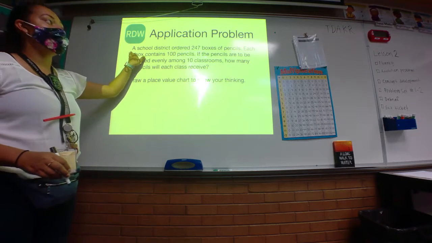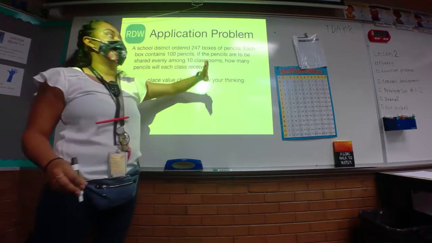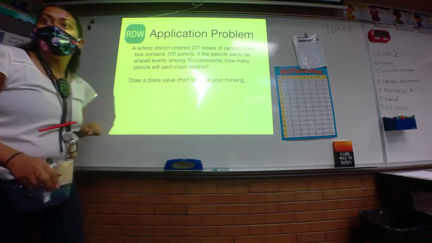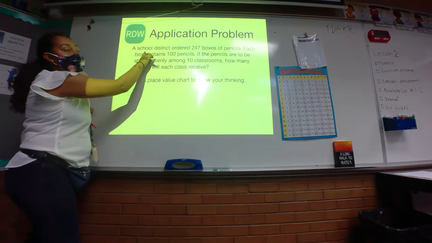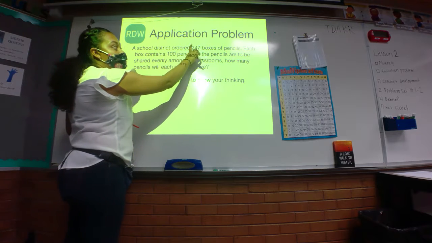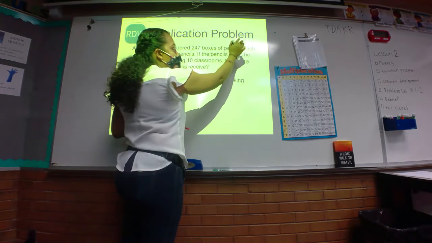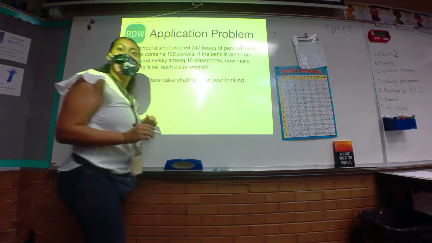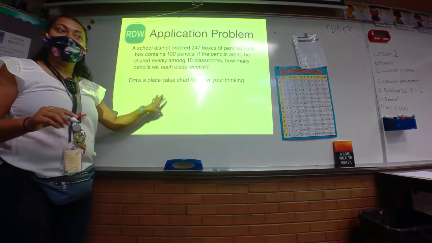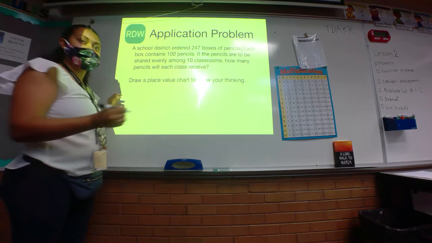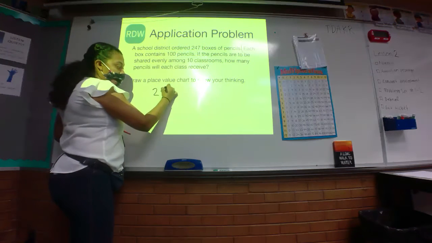Okay, so first, let's read together the first sentence and then stop right there. Okay, ready? Go. A school district ordered 247 boxes of pencils. Stop right there. What can we draw or what can we write? Ledger? 247 what?